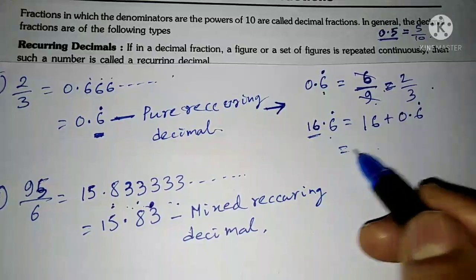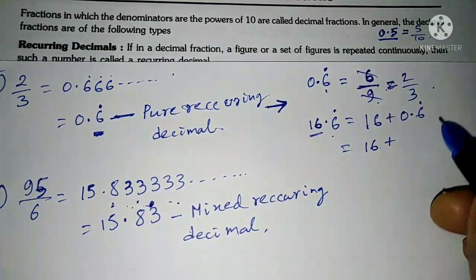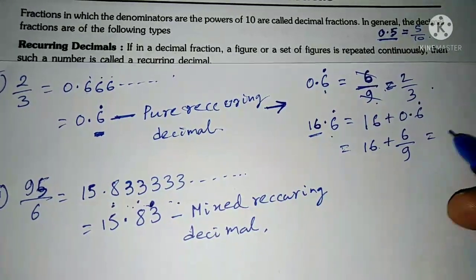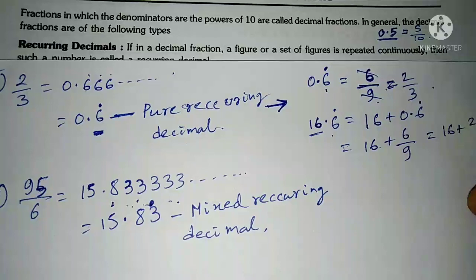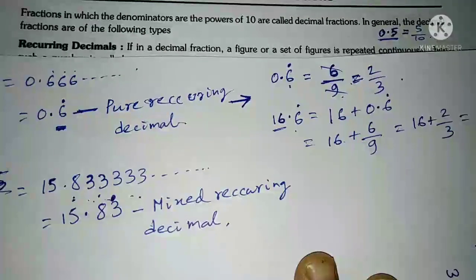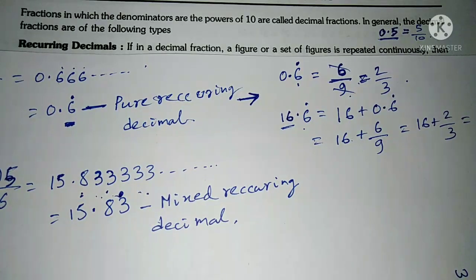We write 16 as usual, and we have to convert 0.6 into a fractional number. In the same way we will write 6 by 9. After cancelling we will get 16 plus 2 by 3. You convert it into a mixed fraction and write the value. So this is the way to convert pure recurring decimals into fractional numbers. I think these concepts are clear, friends.